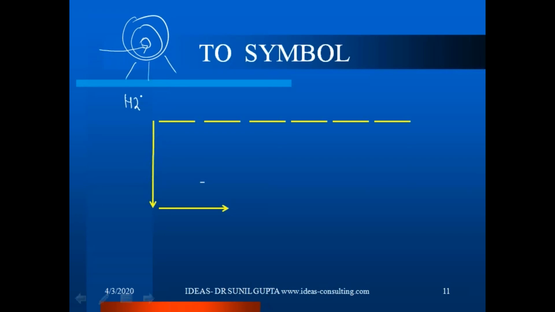How do we write a problem? Many ways to write a problem. The best way to write a problem, or to use an invitational language stem, is H2. So H2 stands for how to. So how to handle the COVID-19 global crisis.